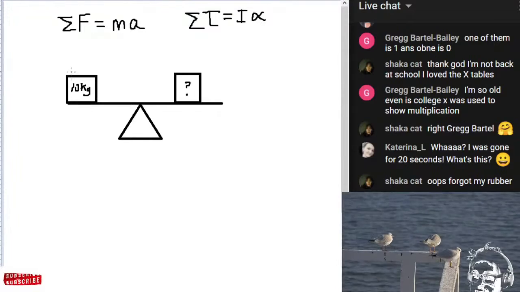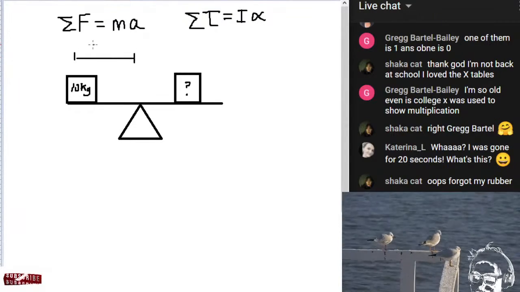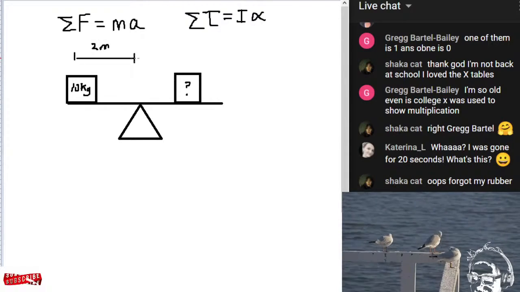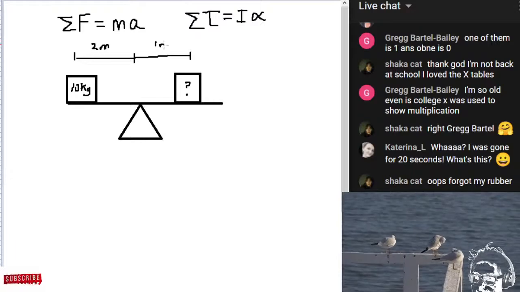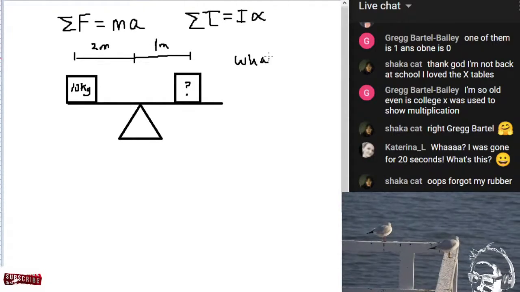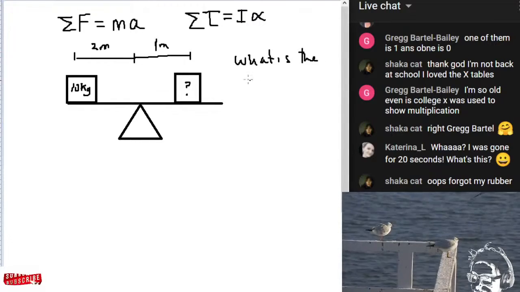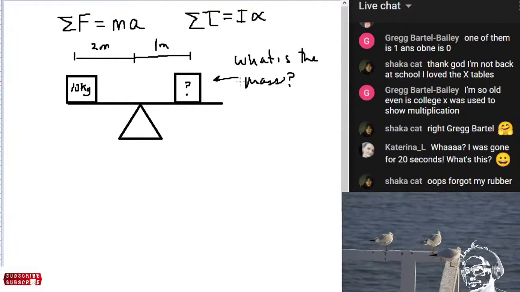Let's say the distance from here to the center is 2 meters, and from here to here is 1 meter. What is the mass of this thing right here?